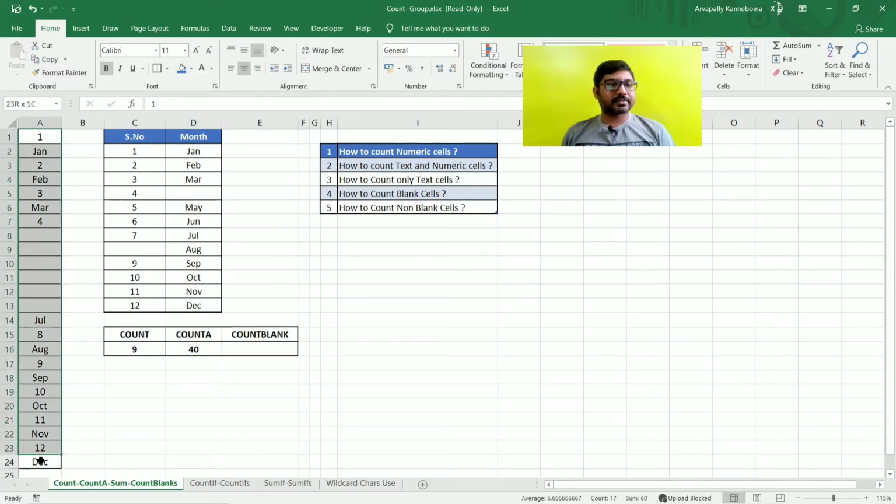We selected this much range, but there are some blank cells, so it only counts the non-blank cells. This is also the same. I think you are very well aware of this formula, COUNTA.